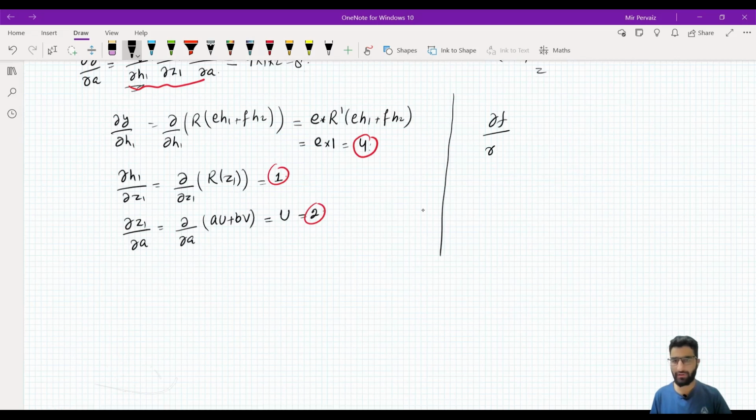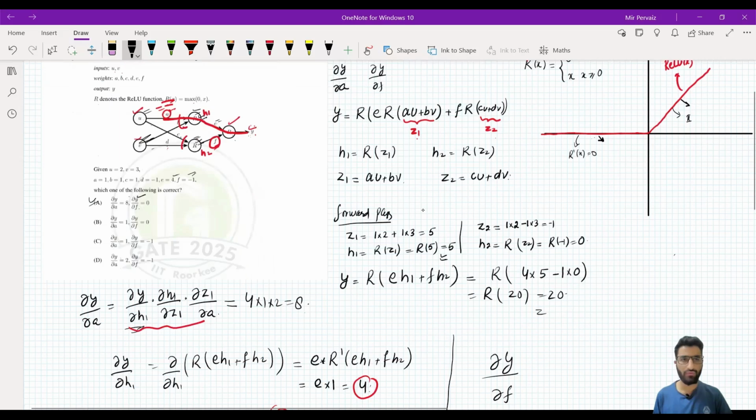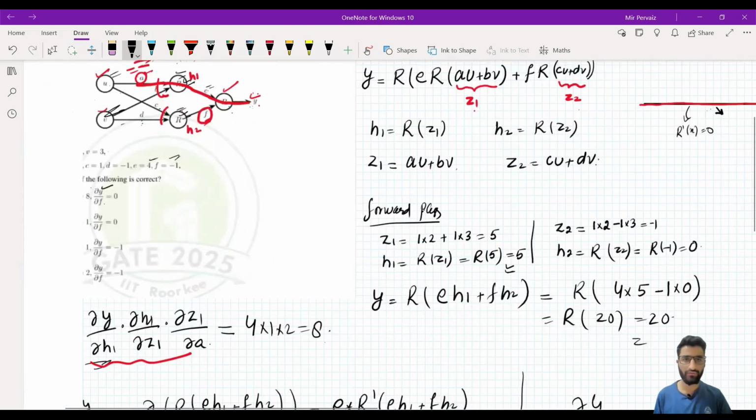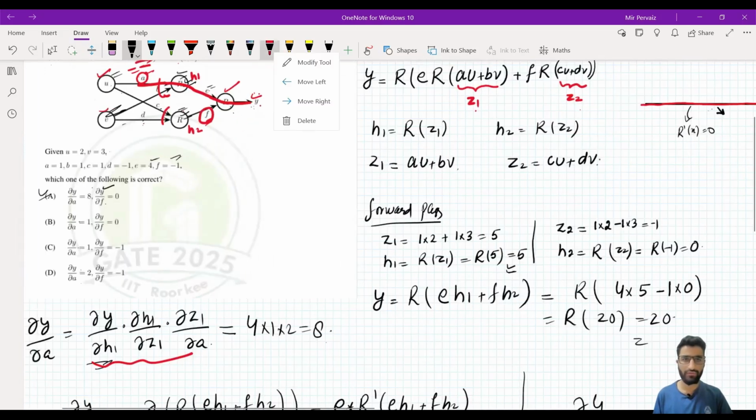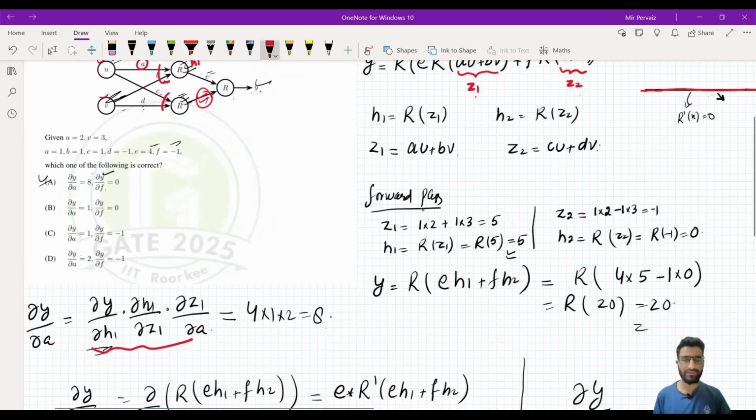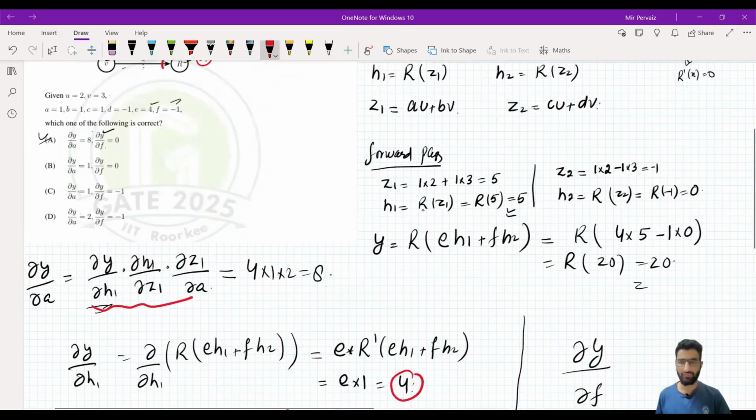It should be del y over del f. So we have to calculate from the neural network the partial derivative of this y with respect to this weight f. There is just one step back we have to go.